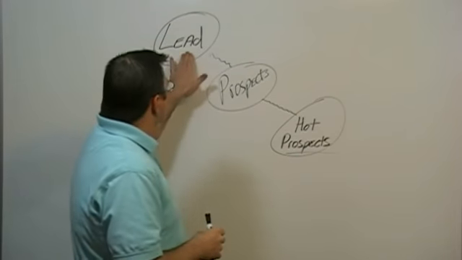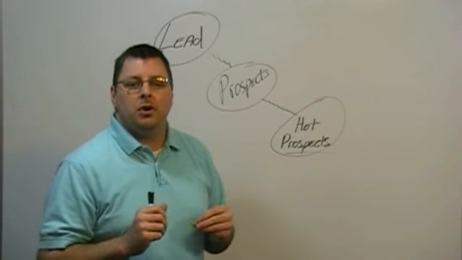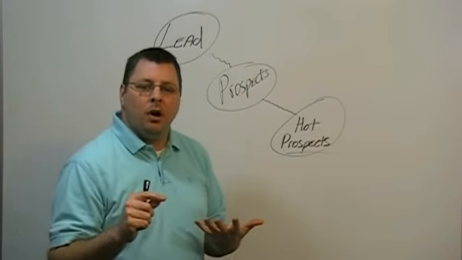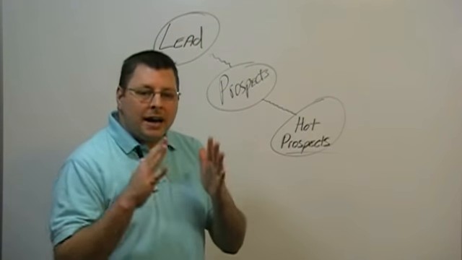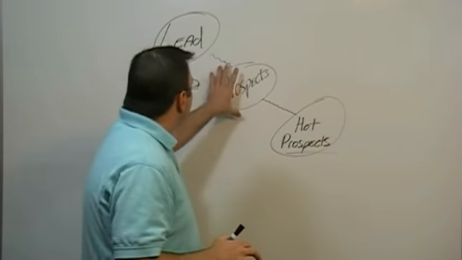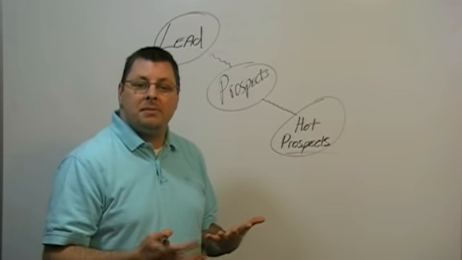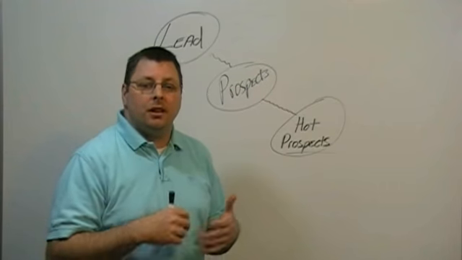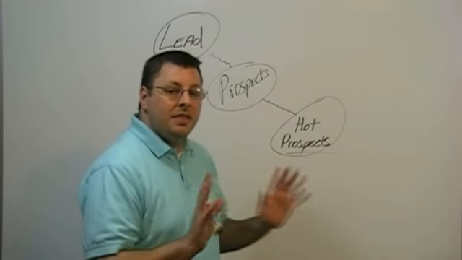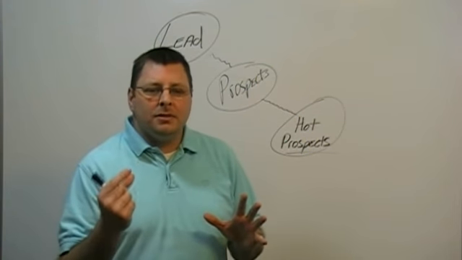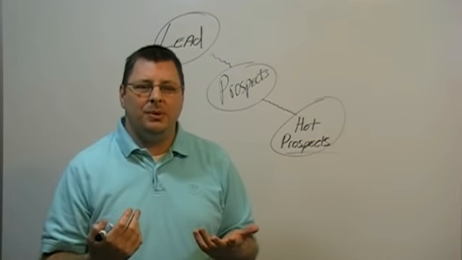They started as a lead with a cold phone call from your auto dialer. And without even realizing it, they pressed 1 and expressed interest right in front of your eyes in the telecenter and became a prospect. You simply called them up and invited them to the website using one of the script downloads below. Simple as that. Nothing to it. Now, yes, you are going to get a hold of a very small handful of people that are just kind of rude to you.